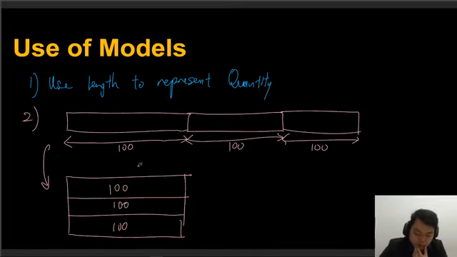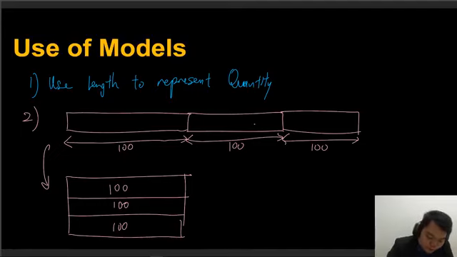Now remember, there is no fixed way to solve the problems over here. I would say that there are no fixed ways that you can use to represent the problem. Probably there's more than one way of solving it for certain problems.